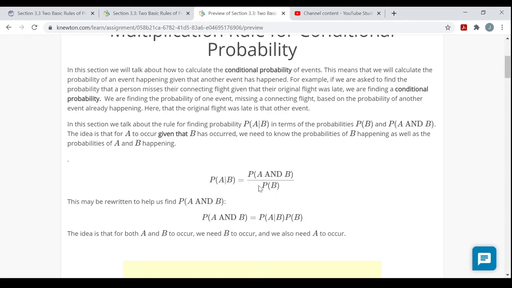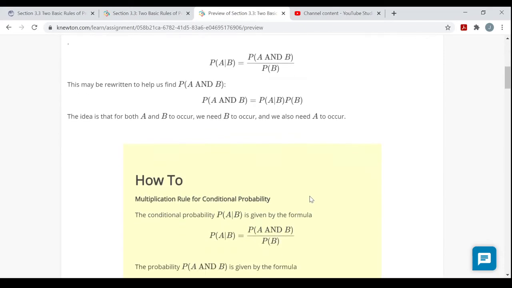If you multiply both sides by the probability of B, you get a rule similar to the one I showed you earlier. The probability of A and B is equal to the probability of B times the probability of A given that B has happened. Both of these formulas are equally valid, and I'll write them up as we go through problems.